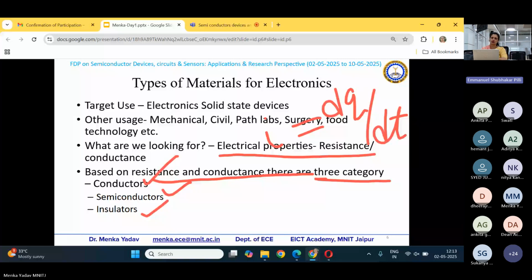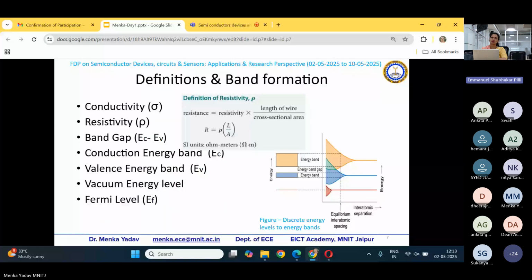Before going into the details about these three types of materials, let us have these few definitions. First one is the conductivity, then resistivity. Conductivity is the ability to conduct or to carry the current. Any material, how much it can carry the current, that is the conductivity. How is the conductivity defined?